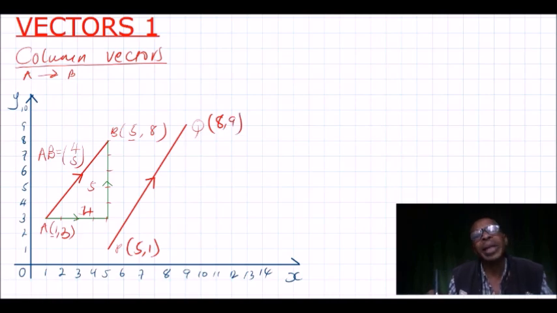In terms of components, we count 1, 2, 3, 4, 5, and 1 up to 8. We have 8.